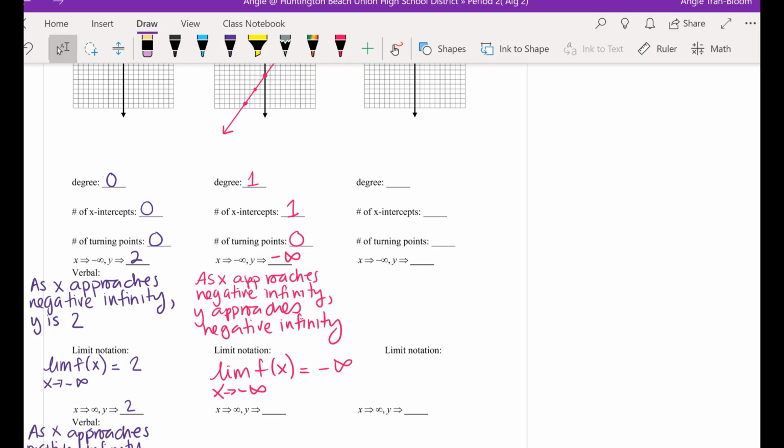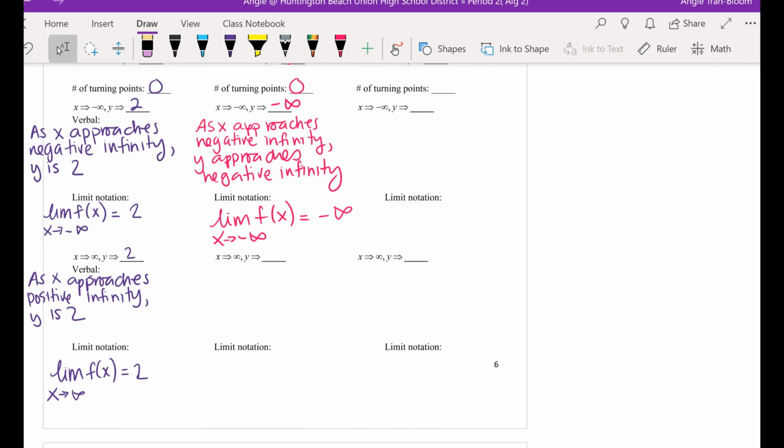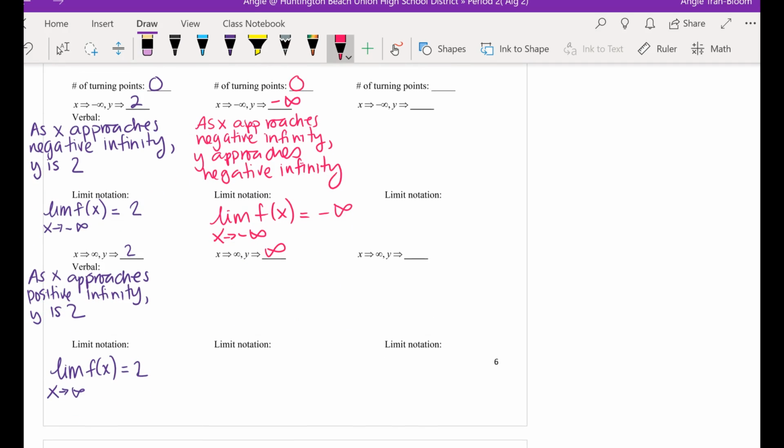As x approaches positive infinity. All right, so let me walk. Positive infinity is which way? Right or left? I'm going right. What's y going? To positive infinity. You're right. So we're going to say infinity and spell it out. As x approaches positive infinity, y approaches what?